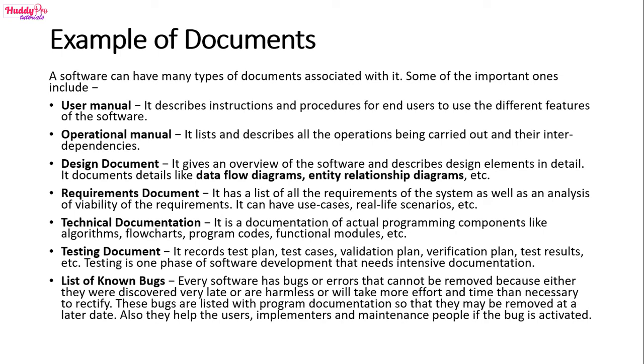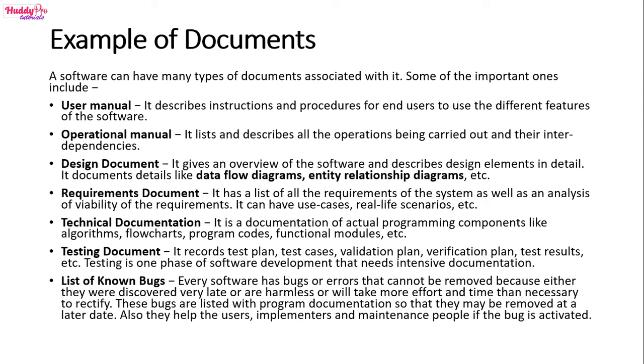And in the design, that's where we have the data flow diagrams, like the data flow diagram level 0 and level 1. Then you have the ERDs, that's the entity relationship diagrams, and some other diagrams like the UML, in which you have the use case diagrams, the sequence diagrams, the activity diagrams, and so on. So all these, we can also even have flowcharts. All these kinds of diagrams are part of the design document.